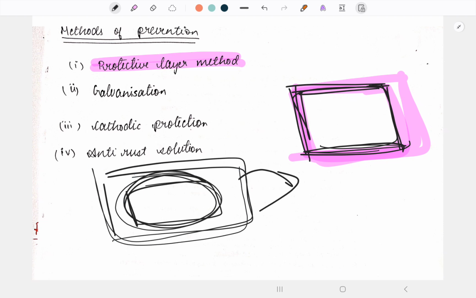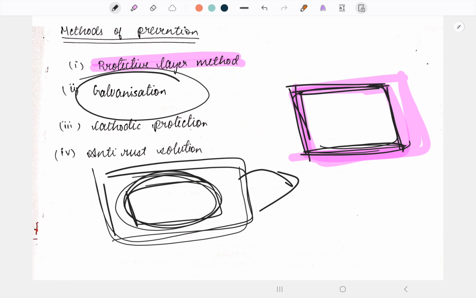This phenomenon of coating of zinc metal on the surface of iron is called galvanization. Being more electropositive, zinc acts as anode instead of iron and undergoes the reaction due to its high standard oxidation potential.